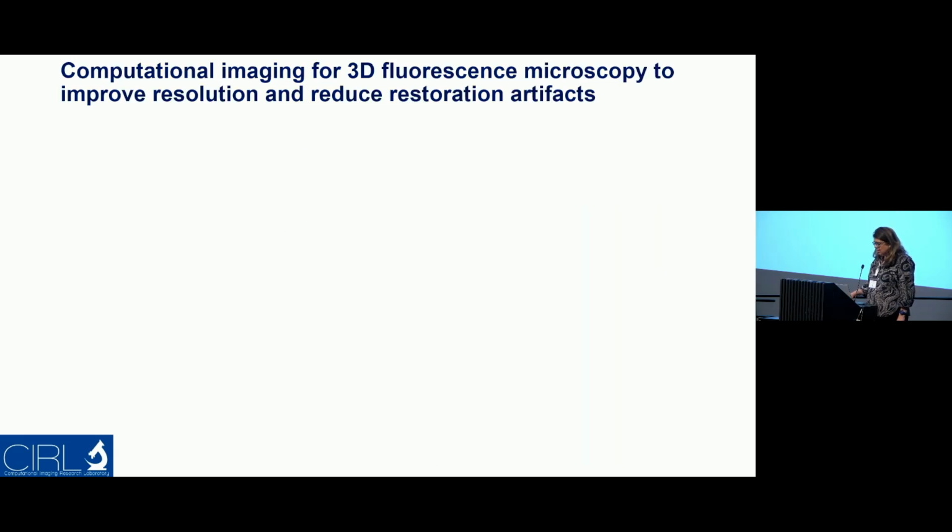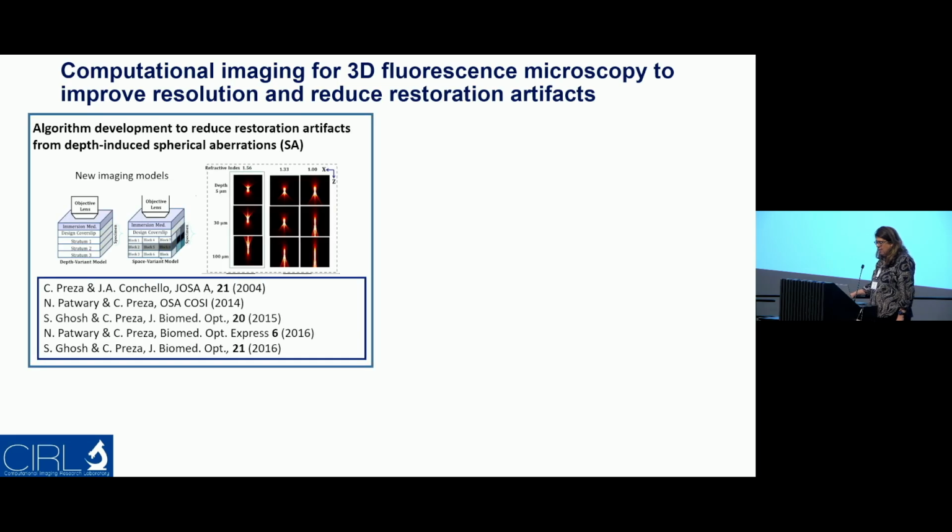Over the years, we've worked on developing algorithms to improve restoration results by reducing artifacts produced by depth-induced spherical aberrations when imaging deeper into a fluorescent sample. We did that by characterizing the point spread function's variation with depth and then spatially, and we developed algorithms accordingly.